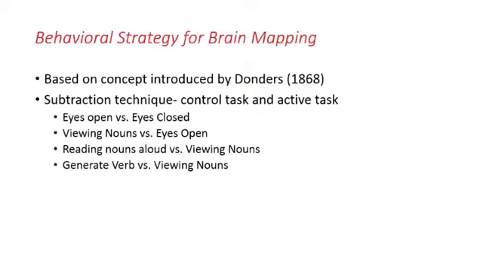One other thing I wanted to just address is a behavioral strategy that is often used for brain mapping. And when we do functional imaging, we want to look at, for example, the changes in blood flow in a particular region that correspond with cognitive activity.